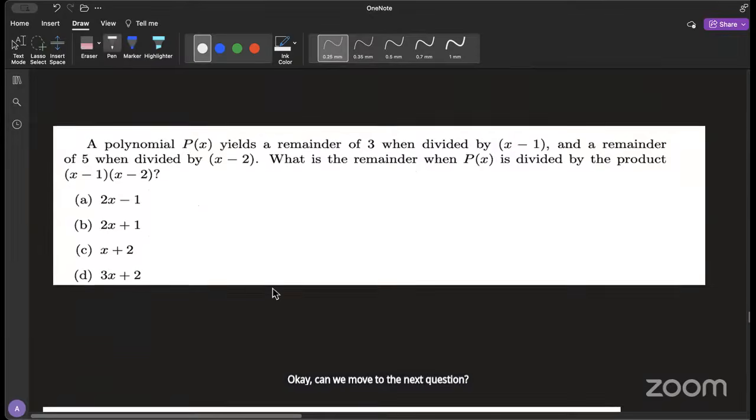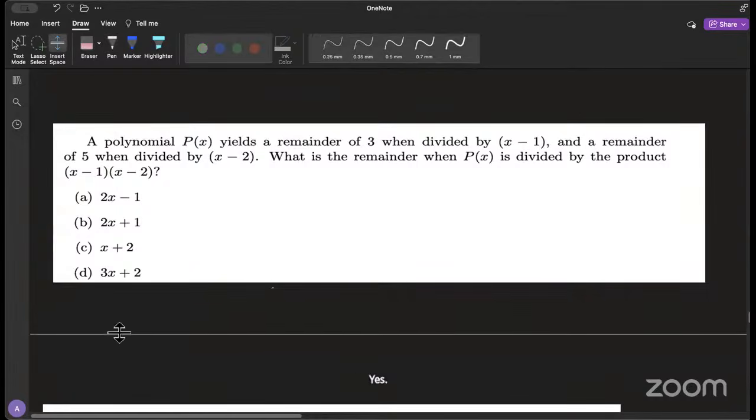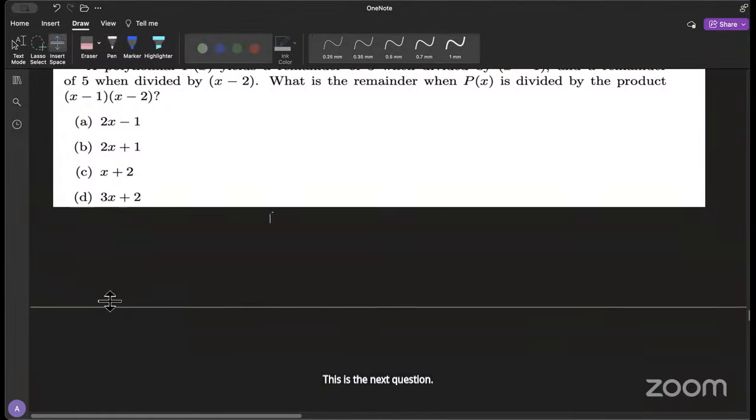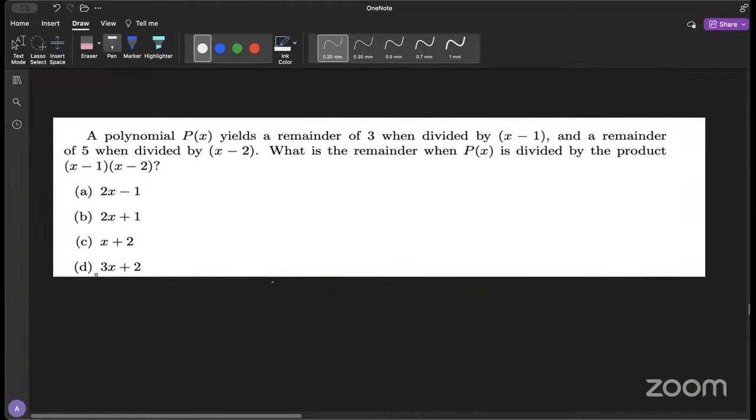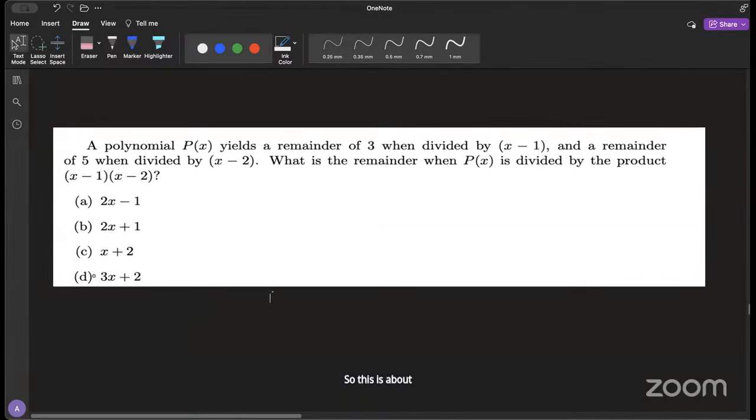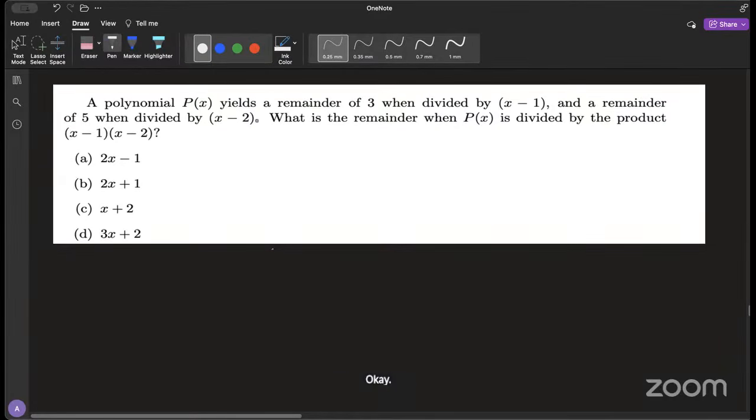Yes. This is the next question. So this is about, I think we've done a similar question in class, right? Okay. So this is when a polynomial P(x) yields a remainder of 3 when divided by x minus 1.